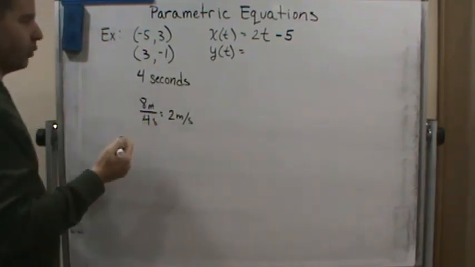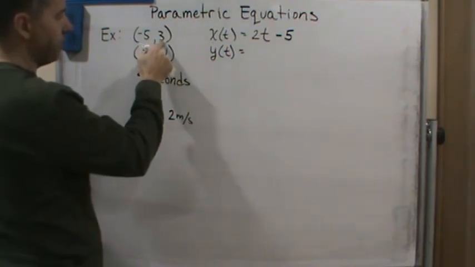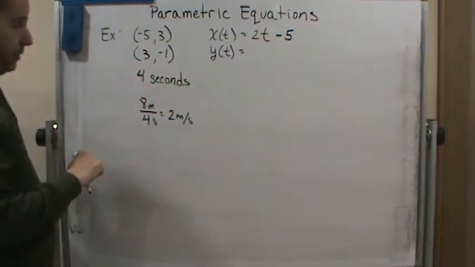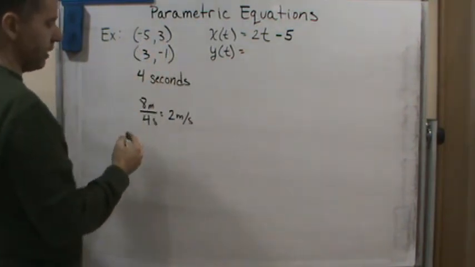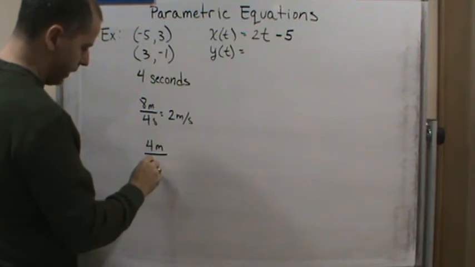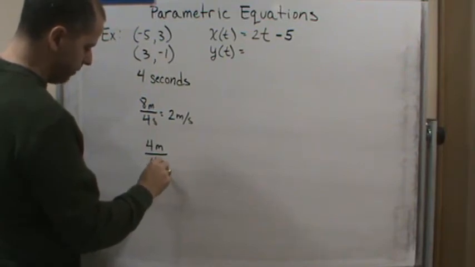We can do the same thing in the y direction. We're starting at 3 meters, and we're going to end at -1 meters. So that's a total distance of 4 meters, and 4 meters divided by 4 seconds.